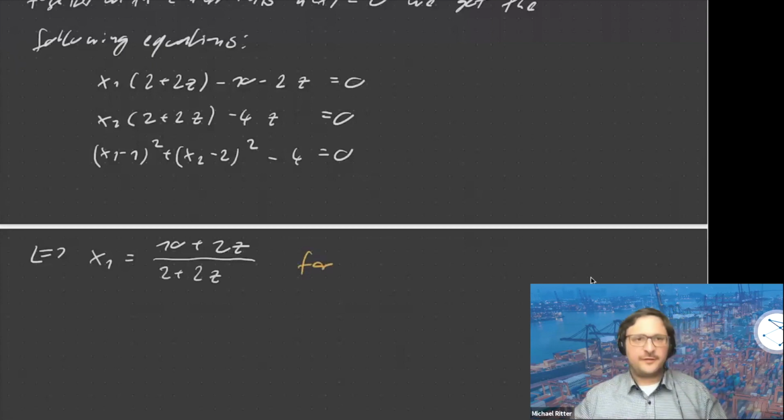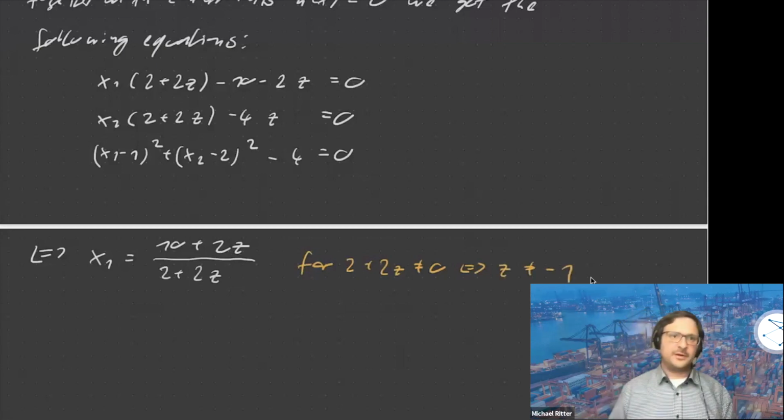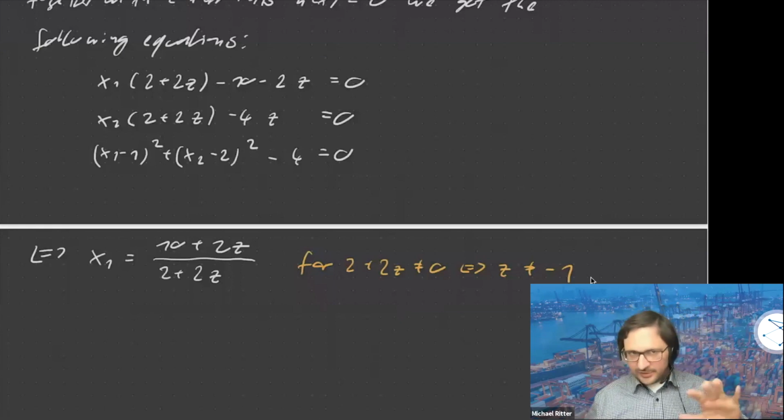Of course, we can only divide by that expression if it's not 0. So for 2 plus 2z not equal to 0. And that is the case if and only if z is not equal to minus 1. So let's just make a note here that we have to treat this case, z equals minus 1, separately afterwards. Okay, so from now on, we just assume that's not the case.